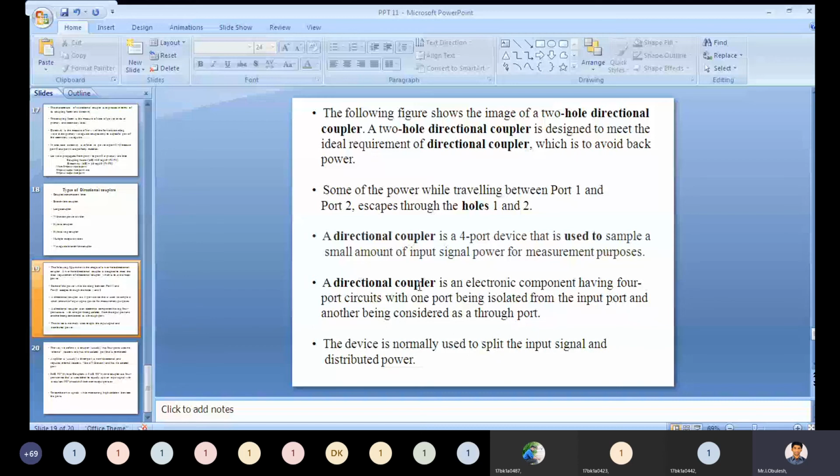The device is normally used to split the input signal and distribute the power.